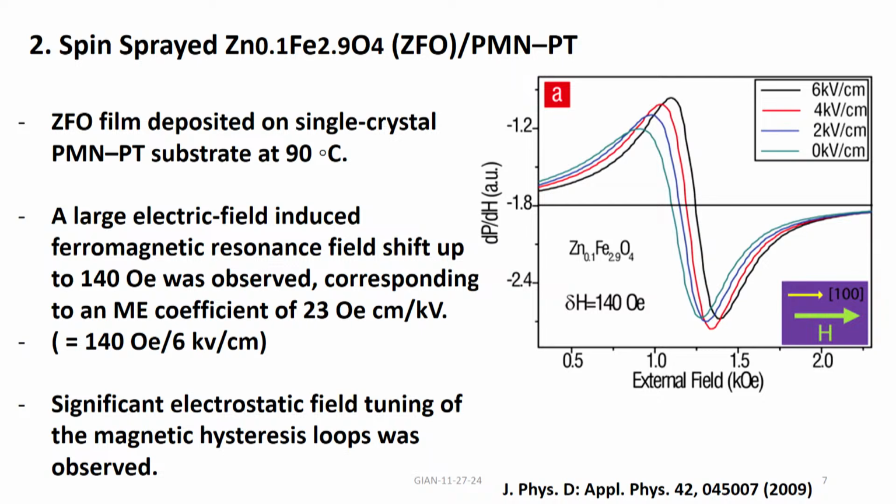So, if I apply an electric field of 1 kilovolt per centimeter, it will shift the ferromagnetic resonance field by 23 Oersted. That is a good enough number for you to conclude that there is indeed a strong converse magnetoelectric effect in this particular system.